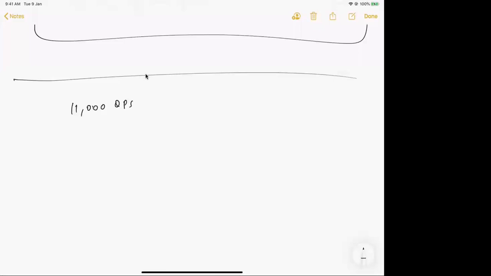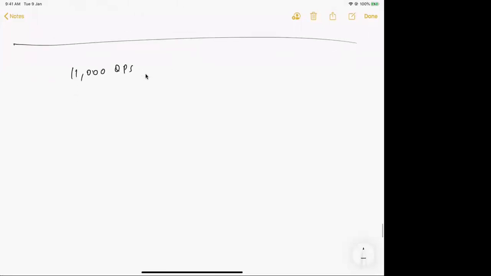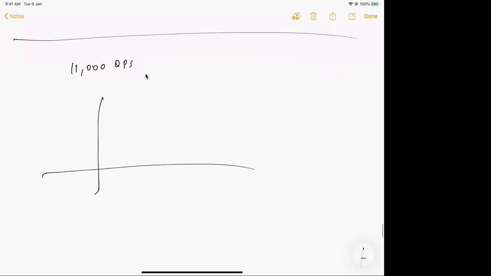One thing that I told you guys some time ago: never assume your number of requests to be stable throughout the day. The graph that it follows is generally this kind of a graph. There is some point in time in the day when the number of requests increases a lot.